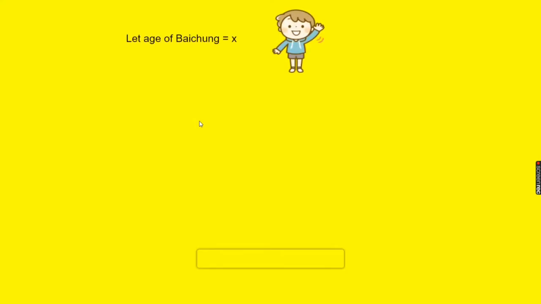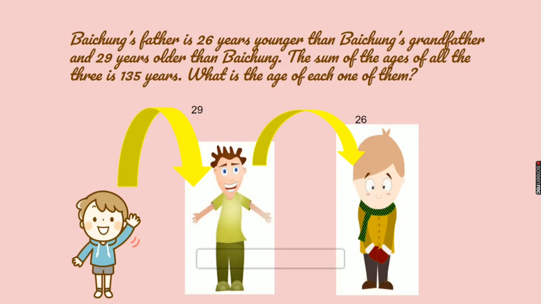So if we assume that the age of Baichung is x, then what would be the age of his father? It would be x plus 29, because he is 29 years older than Baichung.